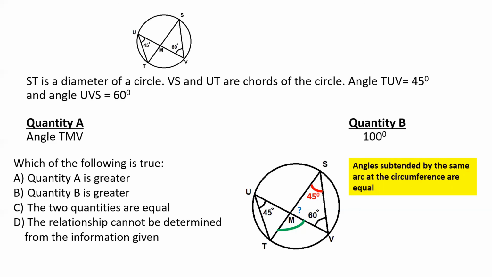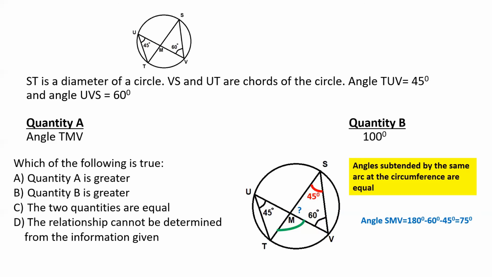Together with angle MSV and angle MVS, they are angles of a triangle, the triangle MVS, and those three angles should sum up to 180 degrees. So we can easily find angle VMS, because we know the other two angles of the triangle. They're 45 degrees and 60 degrees.